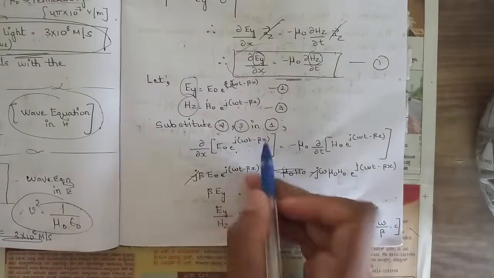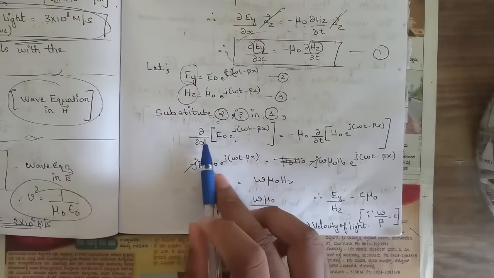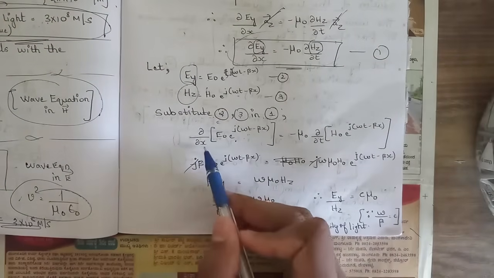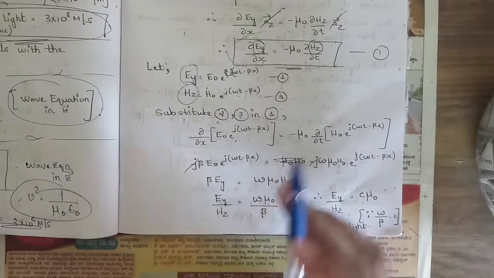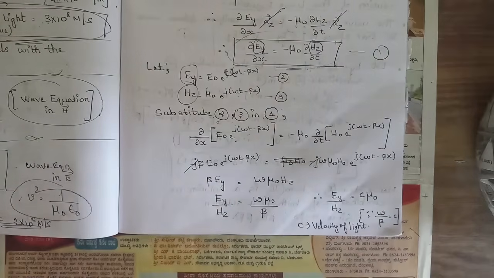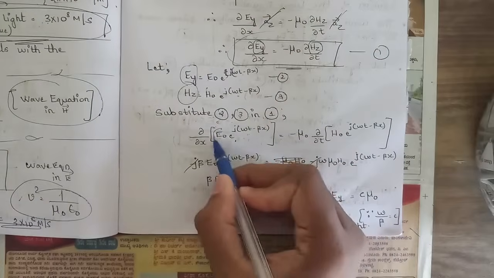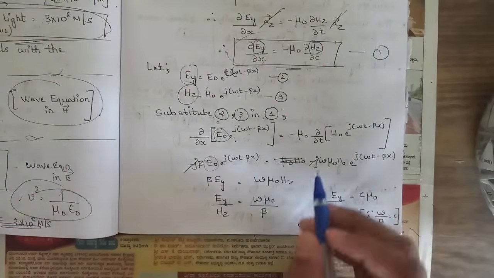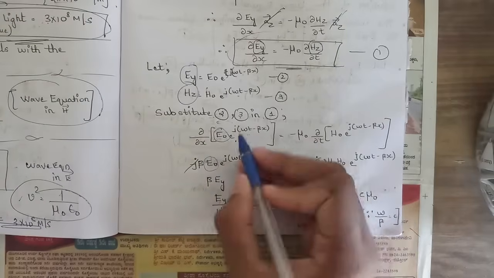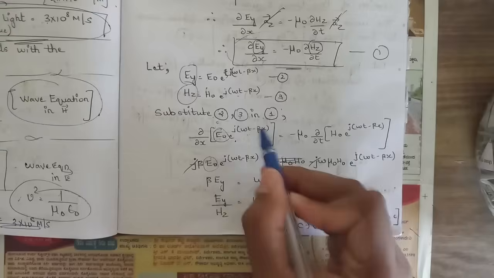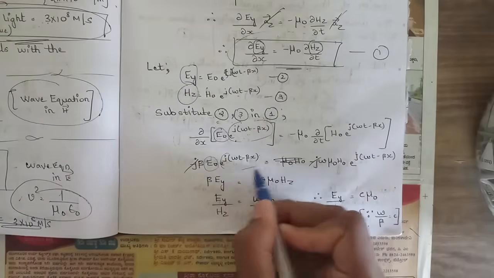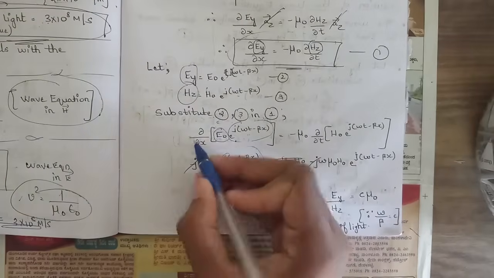So now we need to take the partial derivative on both sides, that is d by dx, the derivative of this equation with respect to x. E naught is constant, we write it as it is, then the derivative of e to the power j omega t minus beta x is the term itself times the derivative of the exponent.